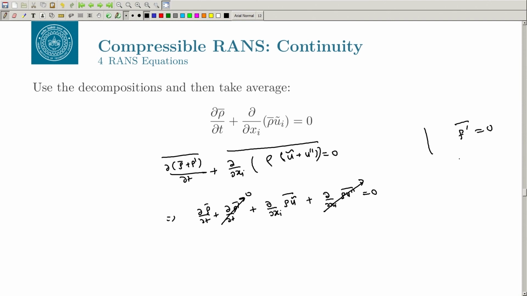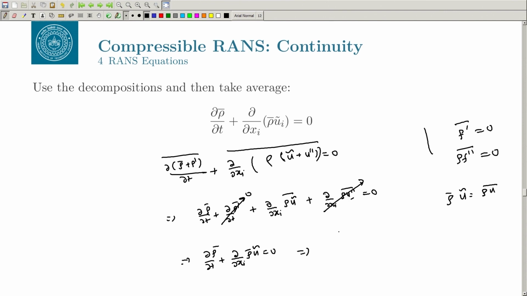In the Favre averaging you have rho f double prime bar going to 0. So, this term is 0 because it is multiplied by the density. Then your equation becomes d rho bar by dt plus del by del xi of rho bar u tilde equal to 0, and rho bar u tilde is nothing but rho u bar.